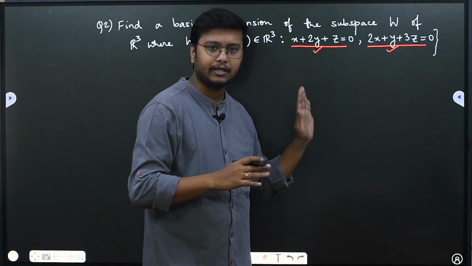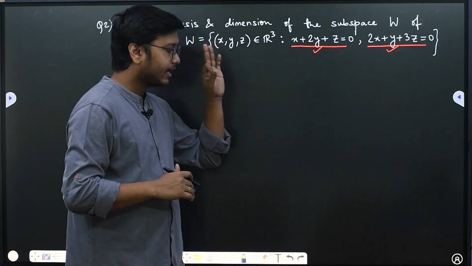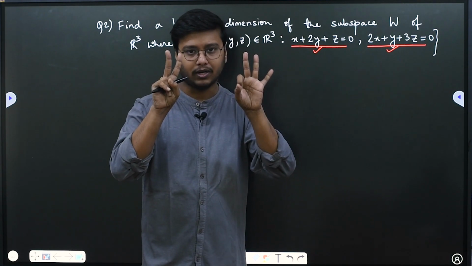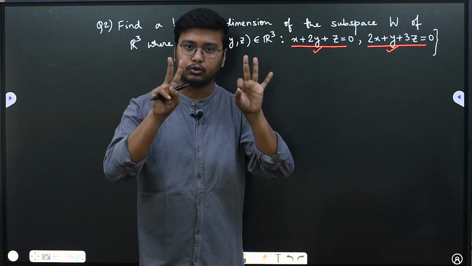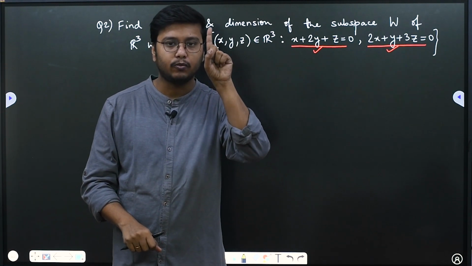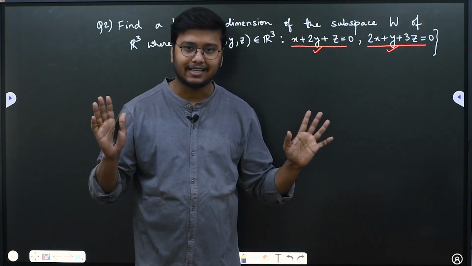They are not scalar multiples of each other. So in this question I have again 3 variables and 2 sufficient conditions. 3 minus 2 would be 1. So that means my basis will contain only 1 vector and the dimension will be 1. Okay, that's the simple logic.